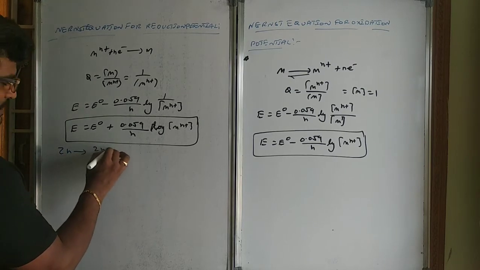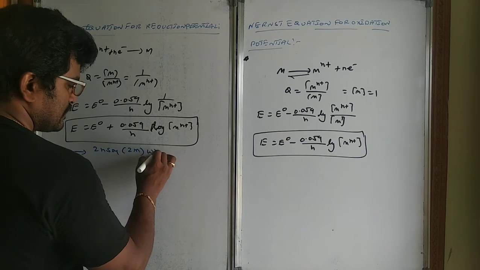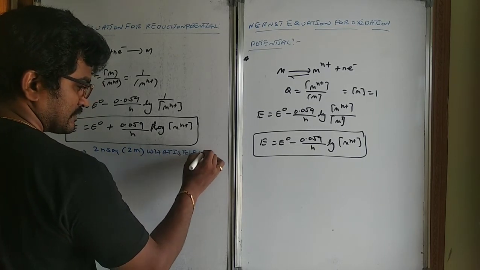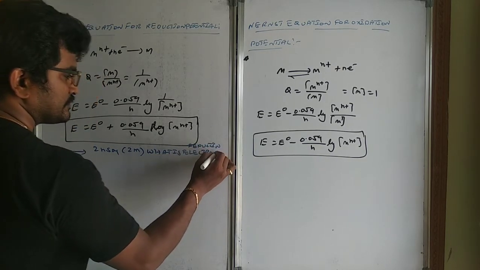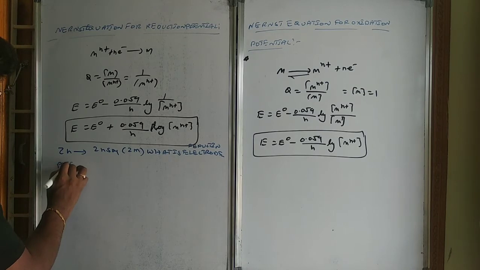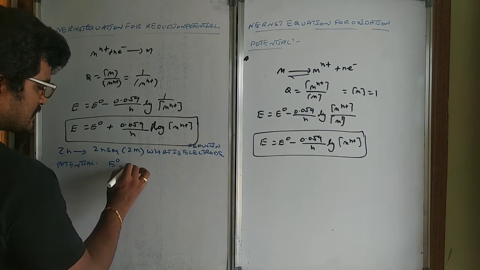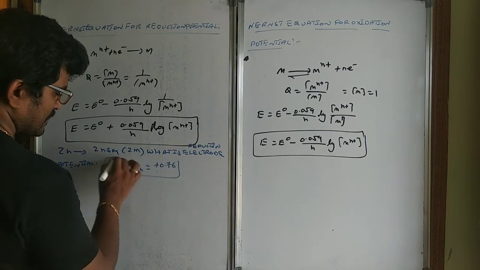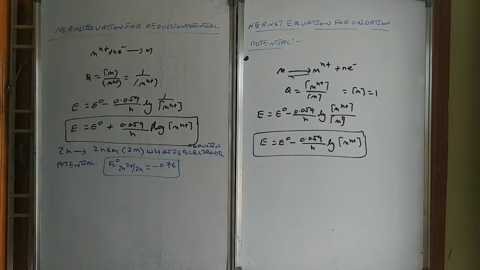Zinc rod dipped in zinc sulfate solution of 2 molar. What is the reduction electrode potential? They will give you E naught Zn2+/Zn is equal to minus 0.76.